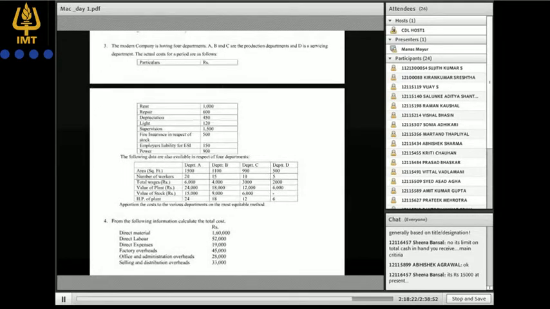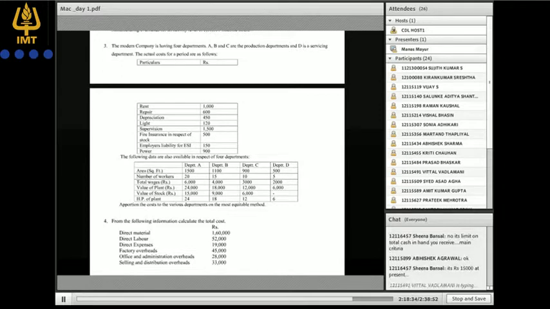This is what I was trying to explain in the overhead estimation. So that should be distributed on some suitable basis. The cost should be apportioned, and finally it should be absorbed to the final product. Is it clear?